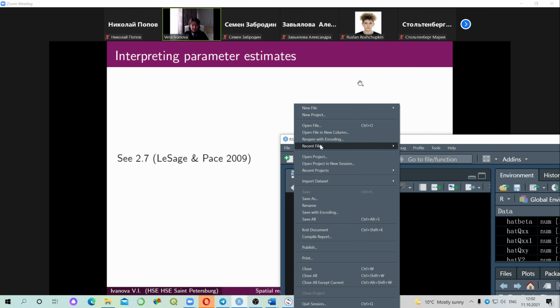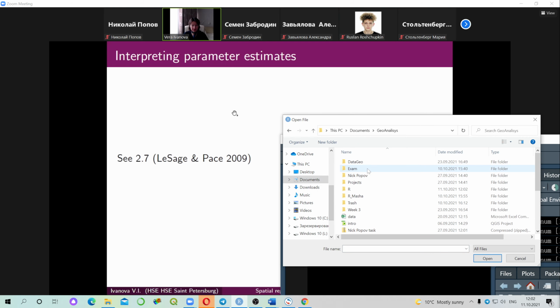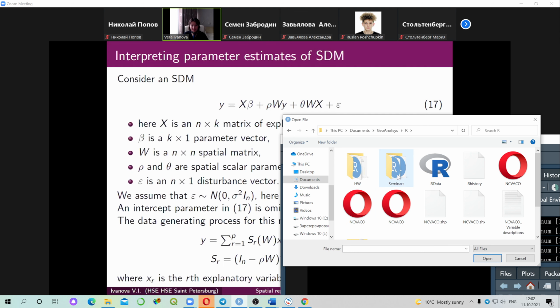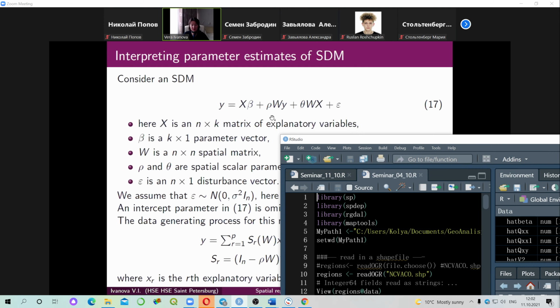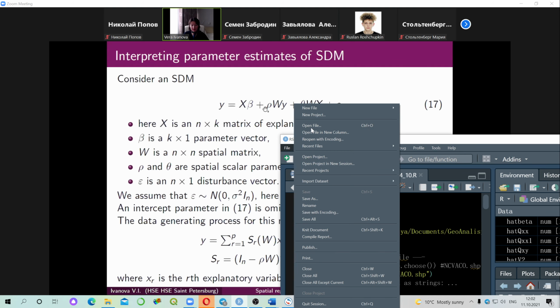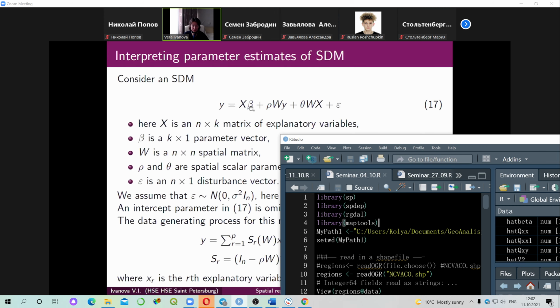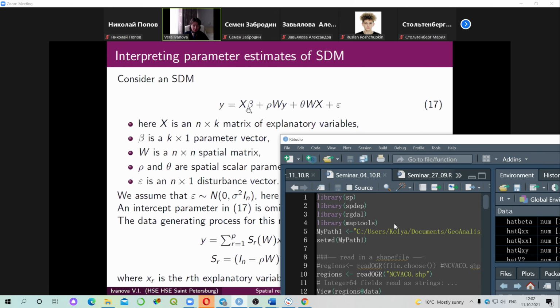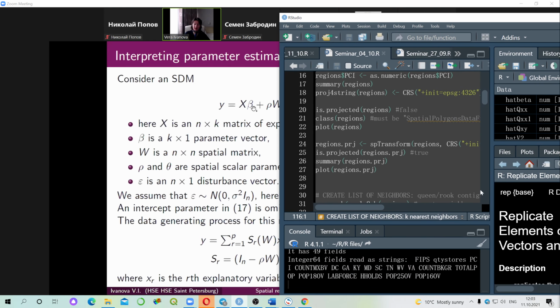And let's consider briefly how to interpret parameter estimates. Consider a spatial model. If there is no spatial parameter, so if we consider only the first term, you know how to interpret the beta, the vector beta or its elements.